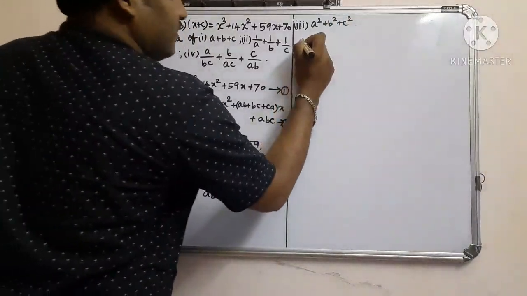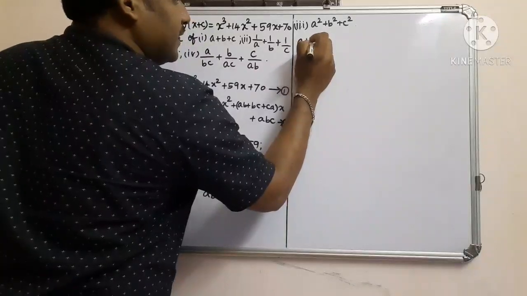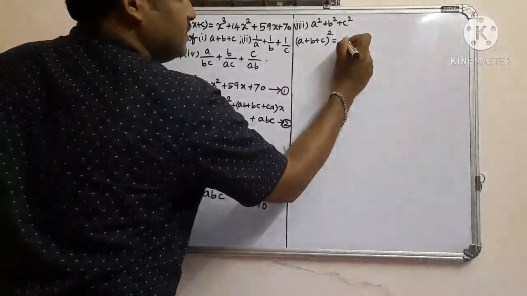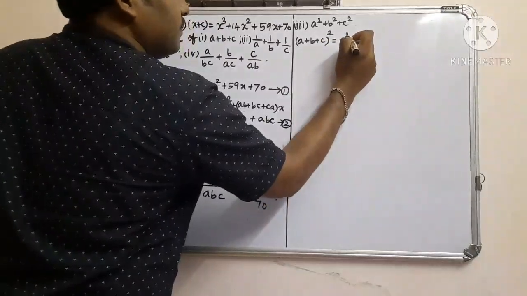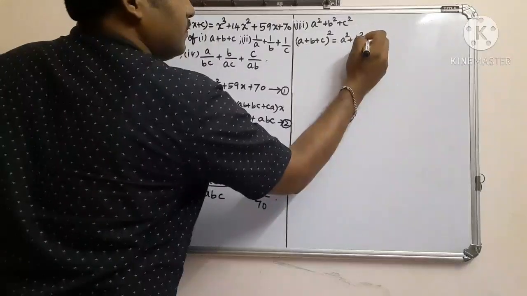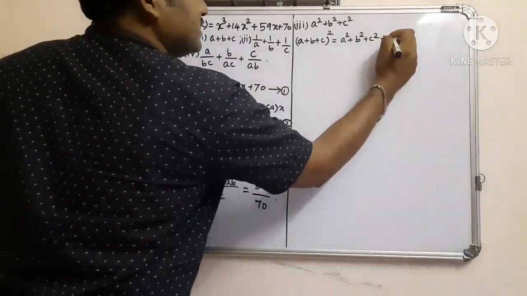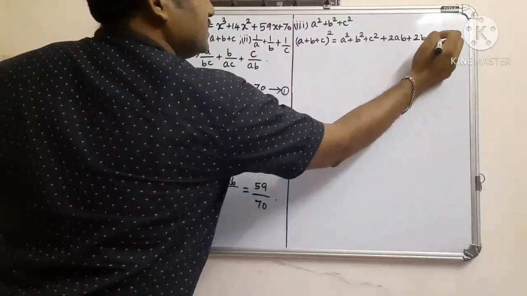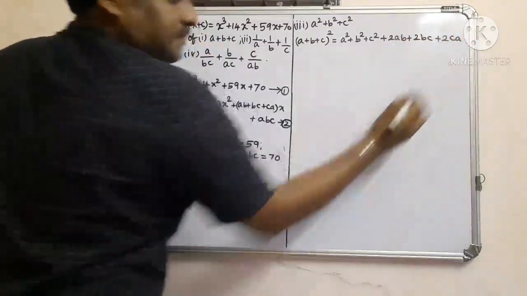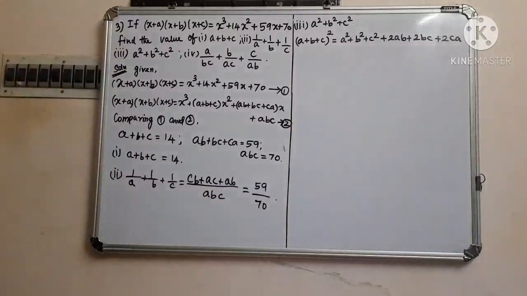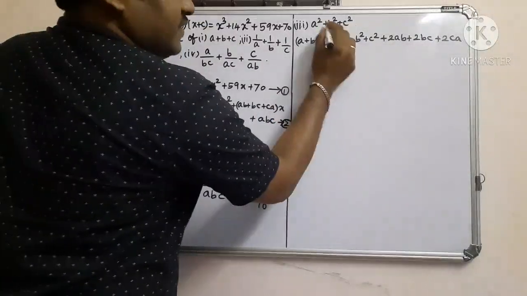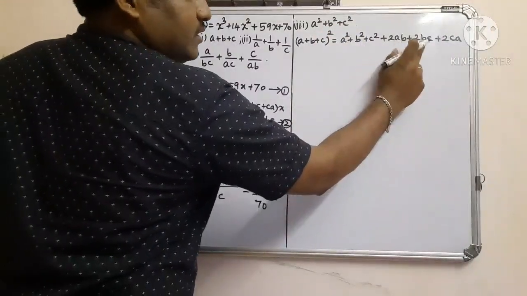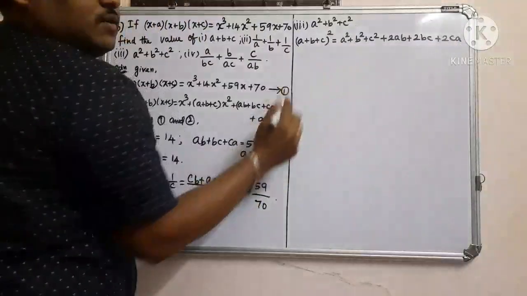So we know the formula (a + b + c) whole square is equal to a square plus b square plus c square plus 2ab plus 2bc plus 2ca. So this formula we know. We have to find a square plus b square plus c square value only, so 2ab, 2bc, 2ca will shift over here.